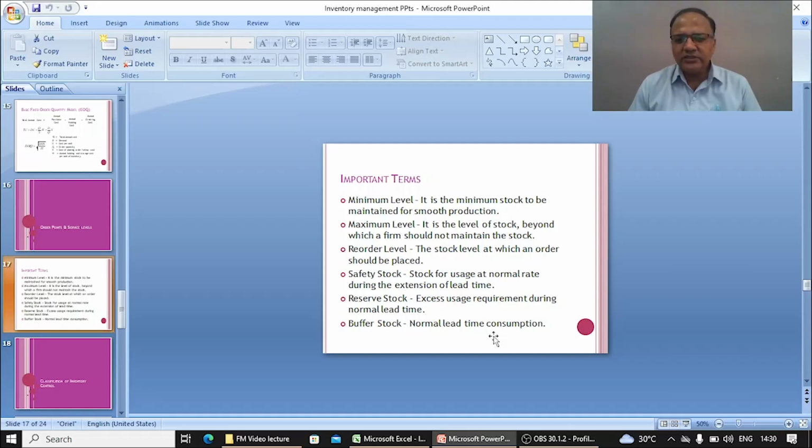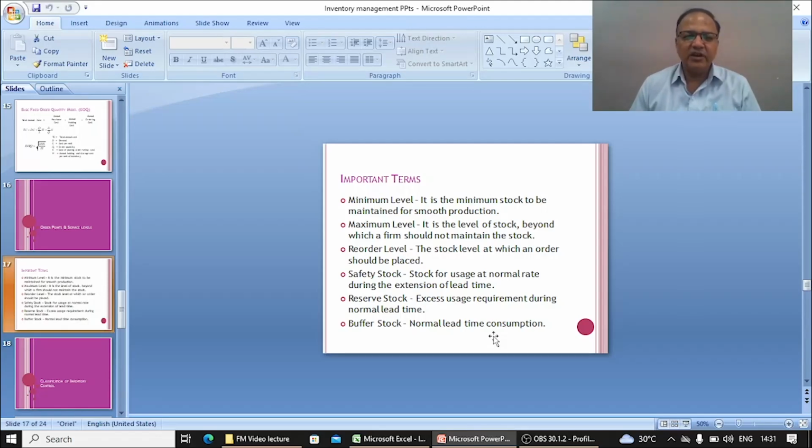If an organization could not maintain this level, then there will be a hurdle in smooth production. So whenever you have to run an organization, you have to maintain a minimum level of inventory. This is a minimum level.